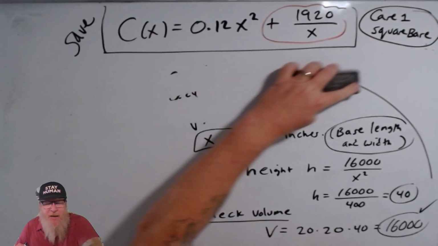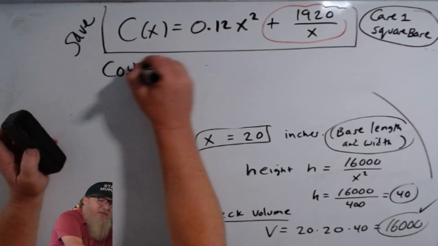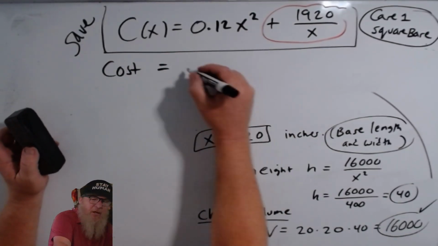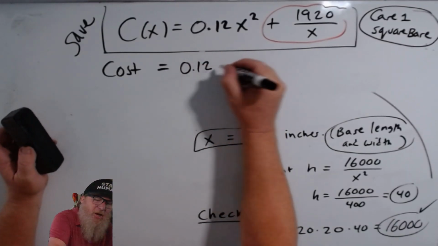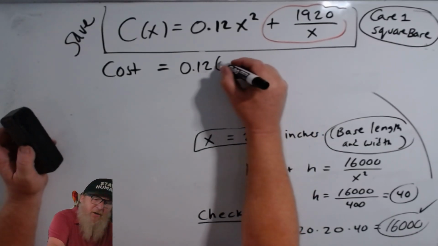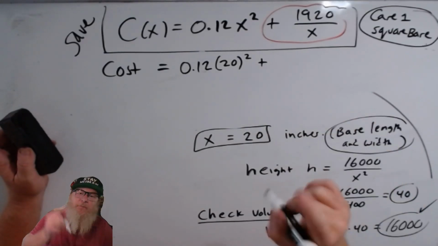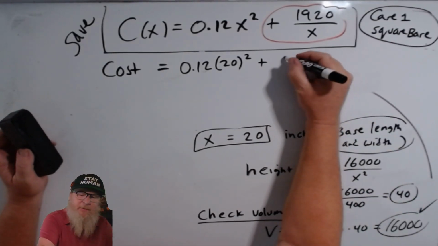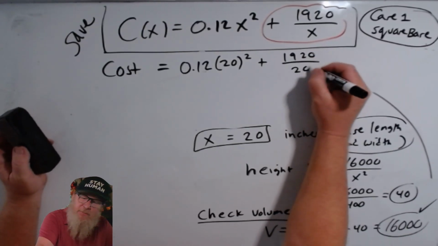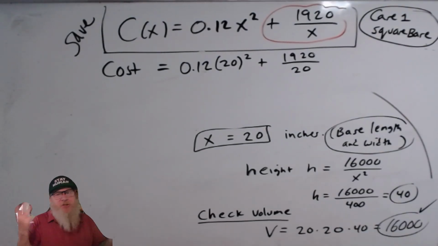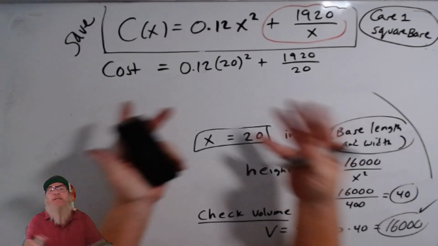And then now to pay for this material, you could check the cost. Just plug in 20. And again, this is not average cost. This is the cost to build one box. If you build two boxes, because we're not doing an average, you're going to double this. If you build three boxes, you're going to triple this.